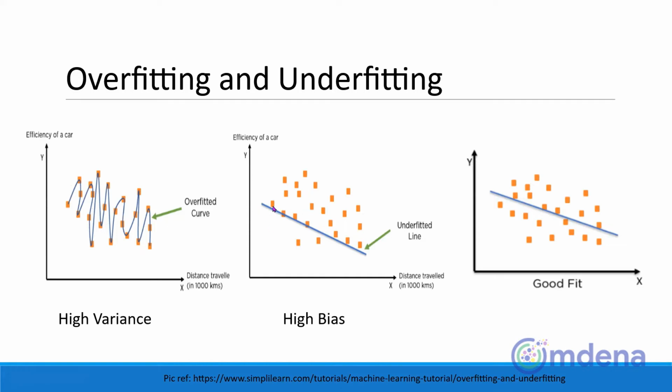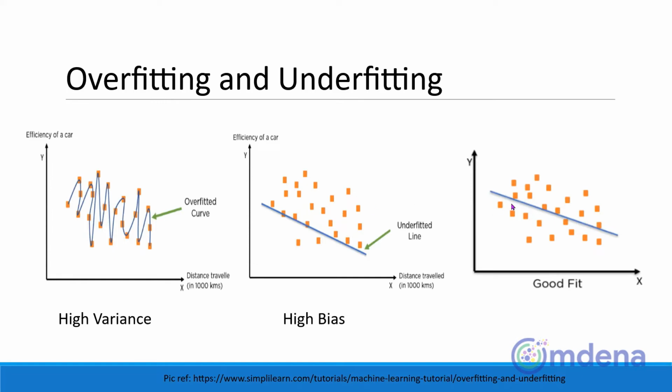The next one is the highly biased model. As you can see, it's not representing our data. It's just biased towards this side of the data, and it will not be a good model, because even for the training data, there will be a lot of error. The error will be very high for both the training data and the test data, the new data that comes in.